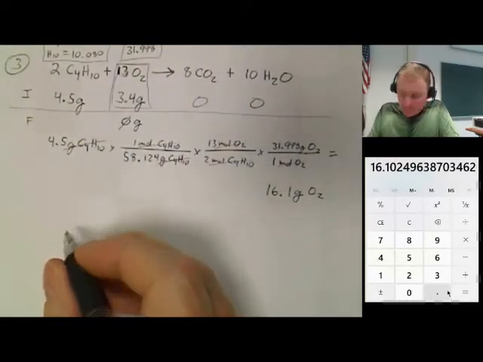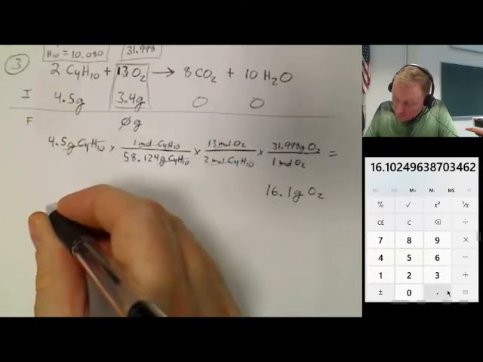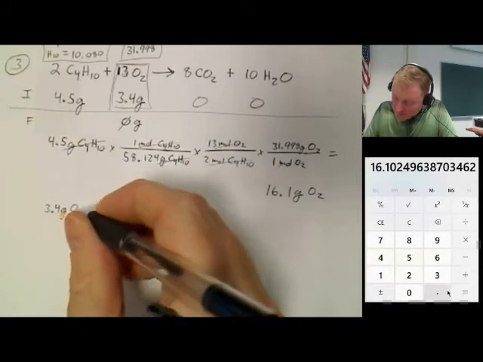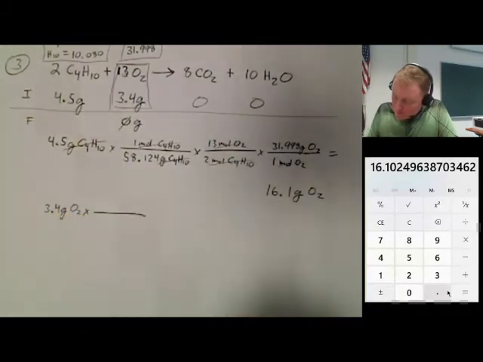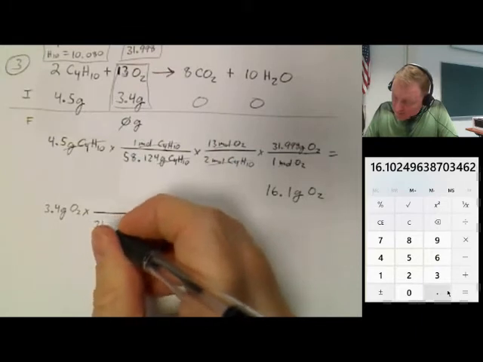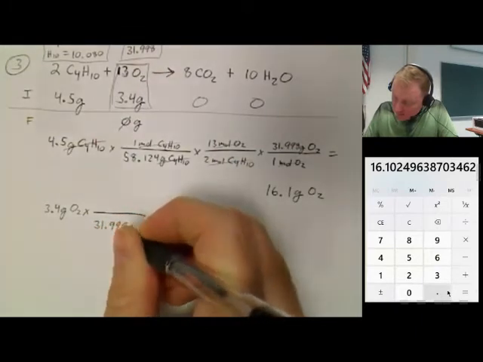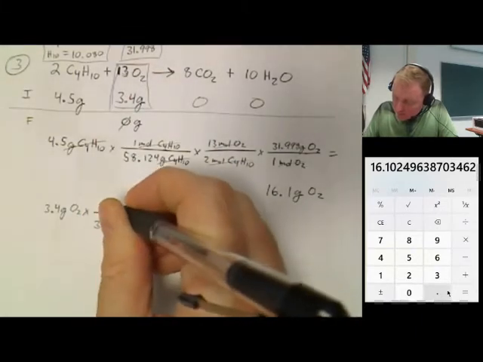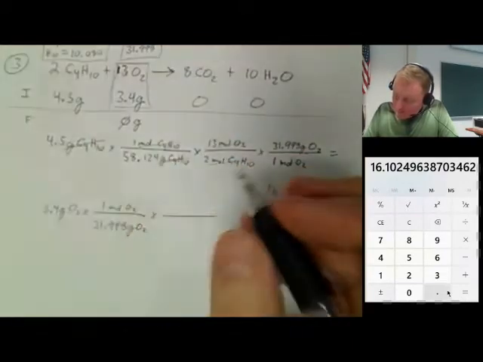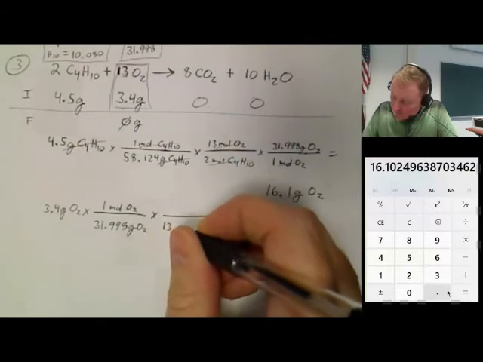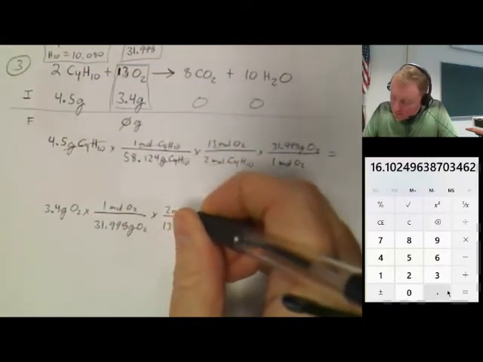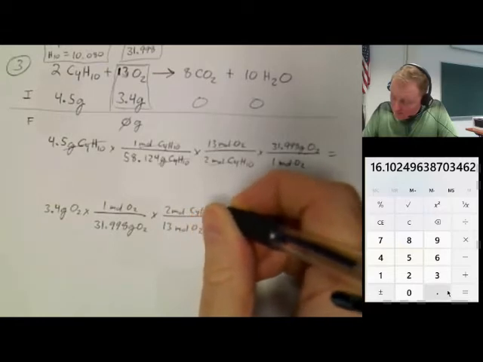So 3.4 grams of oxygen. And I already determined the molar mass of oxygen, so I get to use that again. 31.998 grams of oxygen per 1 mole of oxygen. And for every 13 moles of oxygen, I get 2 moles of butane.